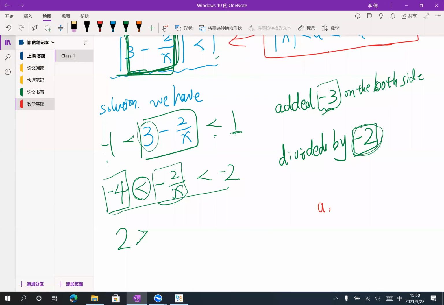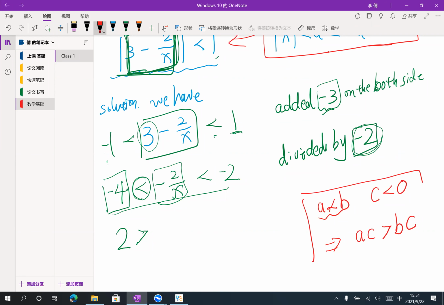If A is smaller than B, and C is a negative number, then it implies AC is larger than BC, right? This is the order property about the real numbers.